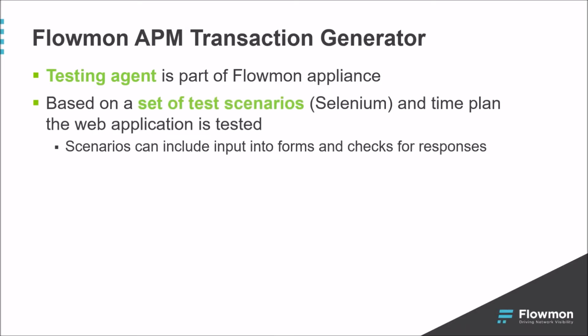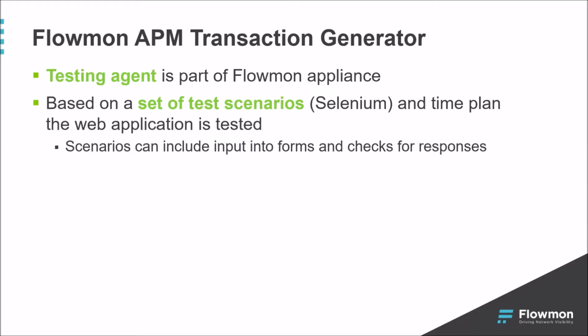The transaction generator is based on a set of scenarios. If you know Selenium, it's based on the same. So there is a testing agent installed on the Flowmon appliance.